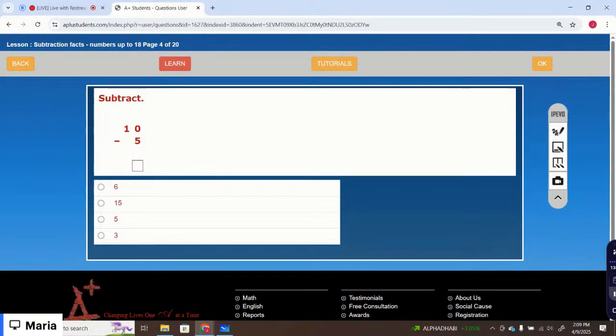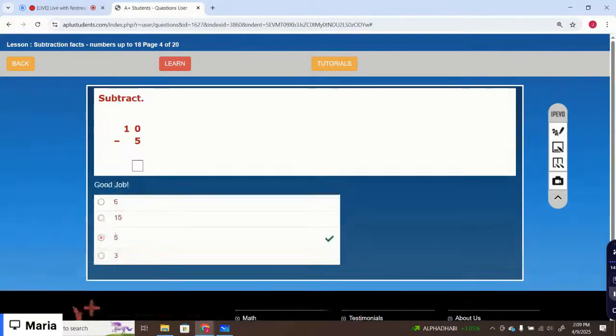10 take away 5. Ten take away 5 is 5. Option number 3 is the correct option.